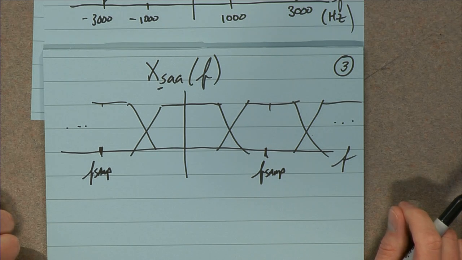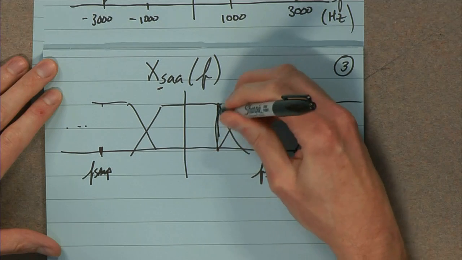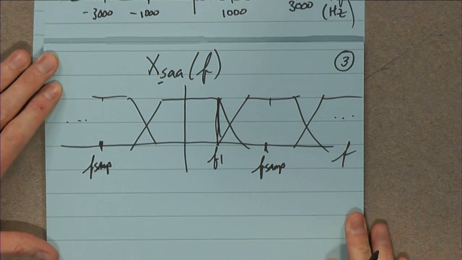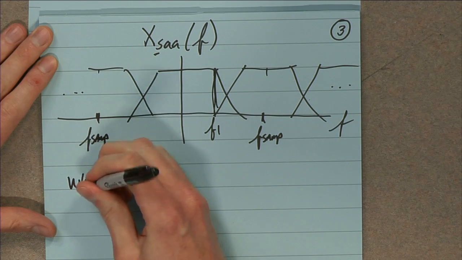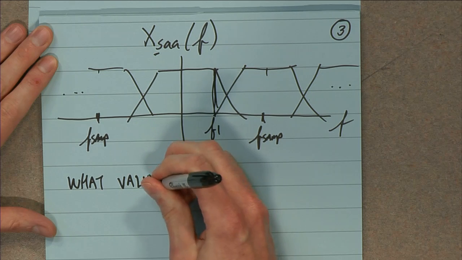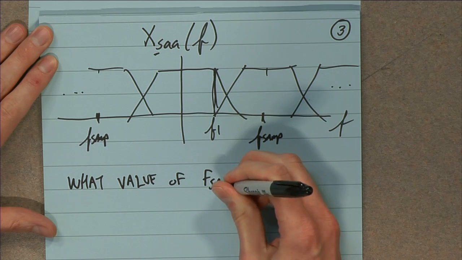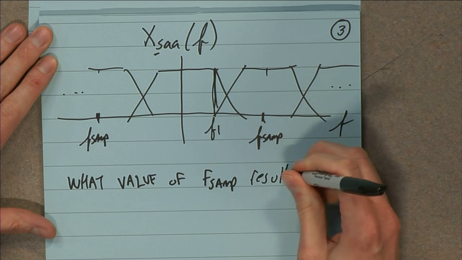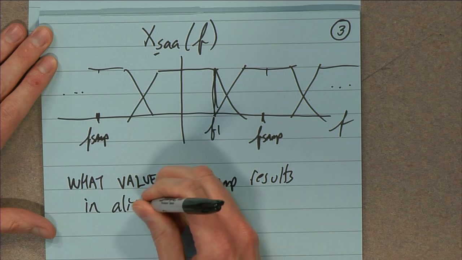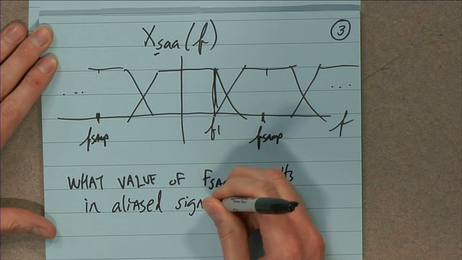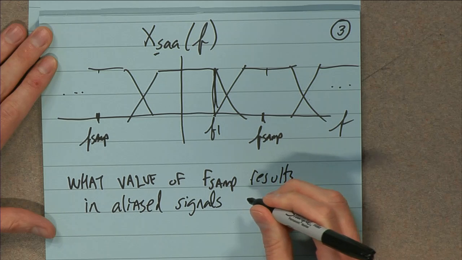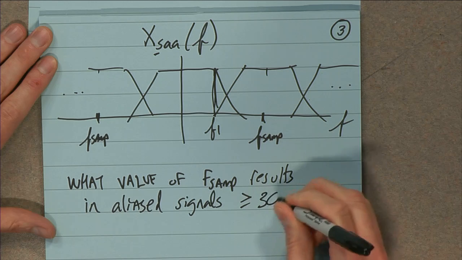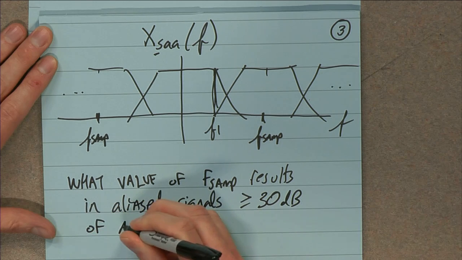I think for the problem that we were working, we were saying, okay, if this is f1, which is 1,000 hertz, the question we were asking ourselves is, what value of fsamp results in alias signals having, I guess, we'll see, greater than or equal to 30 dB of attenuation?